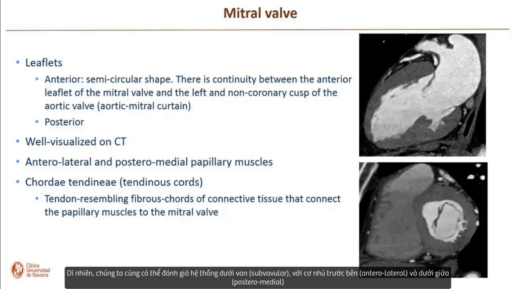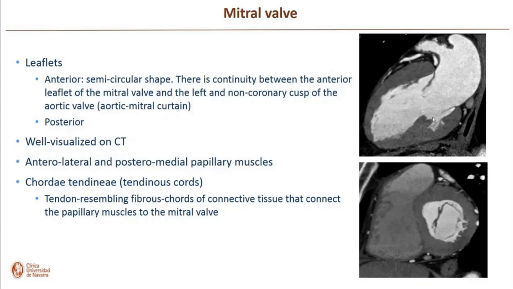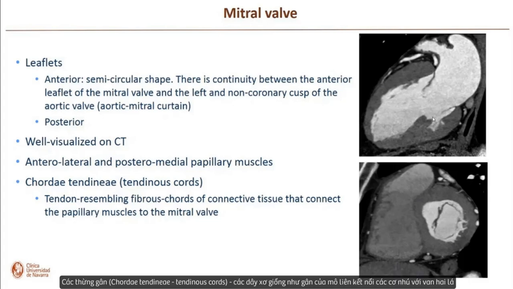And definitely we can also evaluate the subvalvular system with the anterolateral and the posteromedial papillary muscles. And there are chordae tendineae, or the tendinous cords, which are tendons resembling the fibrous cords of connective tissue that connect the papillary muscles to the mitral valve.